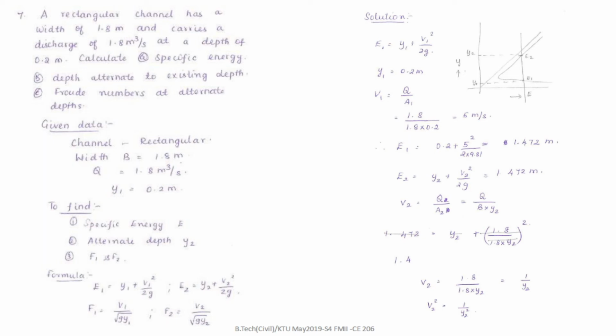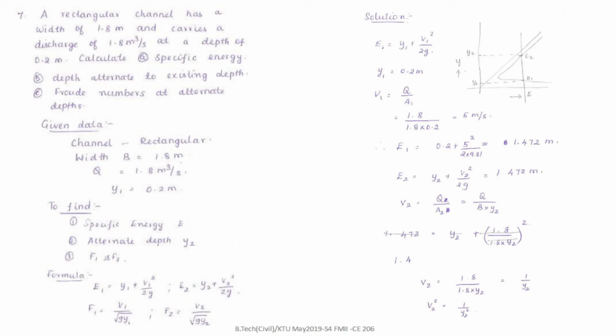Now we need to find the alternate depth to the existing depth, that is Y2. The formula is E is equal to Y2 plus V2 square divided by 2G. Here we can find V2: V2 is equal to Q divided by A2, again Q divided by B into Y2.